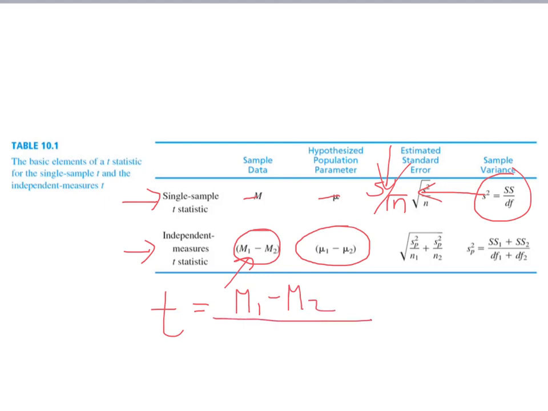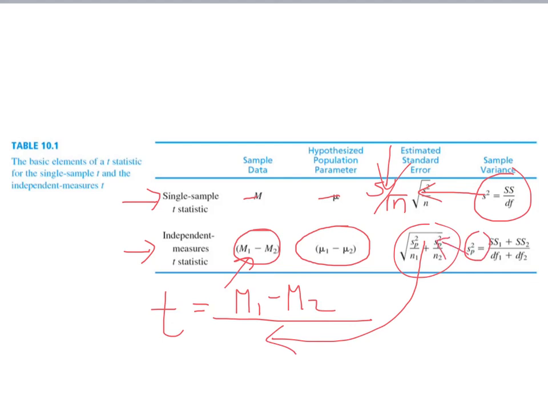We need some measure of the typical difference between means. And that's what this is. But in order to get the pooled variance, S squared P, we first have to add the sums of squares for one group to the sums of squares for the other and divide by the combined degrees of freedom. Here's your S squared P.